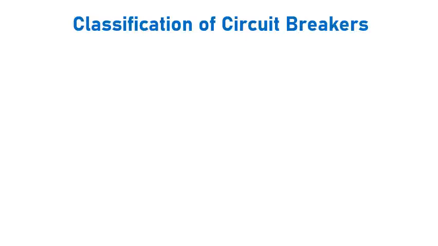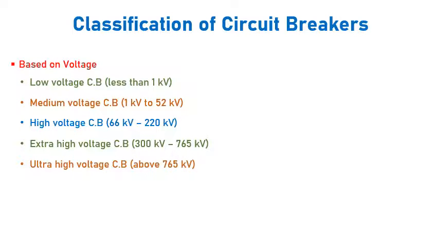Before getting into the discussion about air circuit breakers, let us see the classification of circuit breakers. The circuit breakers are classified based on voltage, like low voltage, medium voltage, high voltage, extra high voltage, and ultra high voltage.